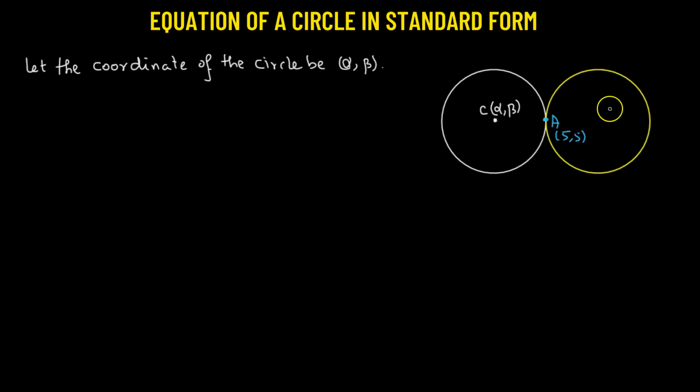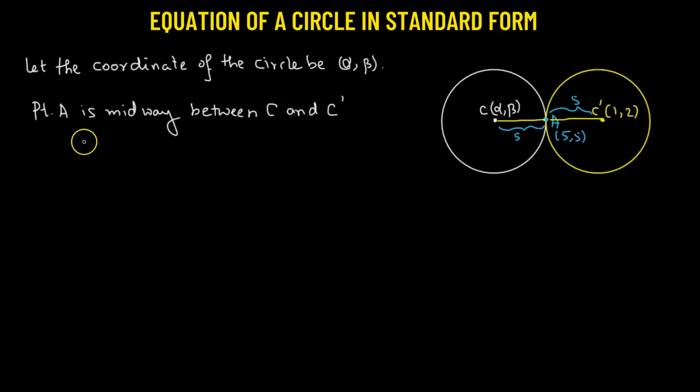And we just now found out the center of this yellow circle, which is C prime, and that came out to be (1, 2). Fine. Now what we'll do? We'll do a construction here. We're going to join CA as well as AC prime. Now, the radius of this circle is given to us as 5, and we obtained that the radius of the yellow circle also came out to be 5. So that means the point A is going to lie between C and C prime.